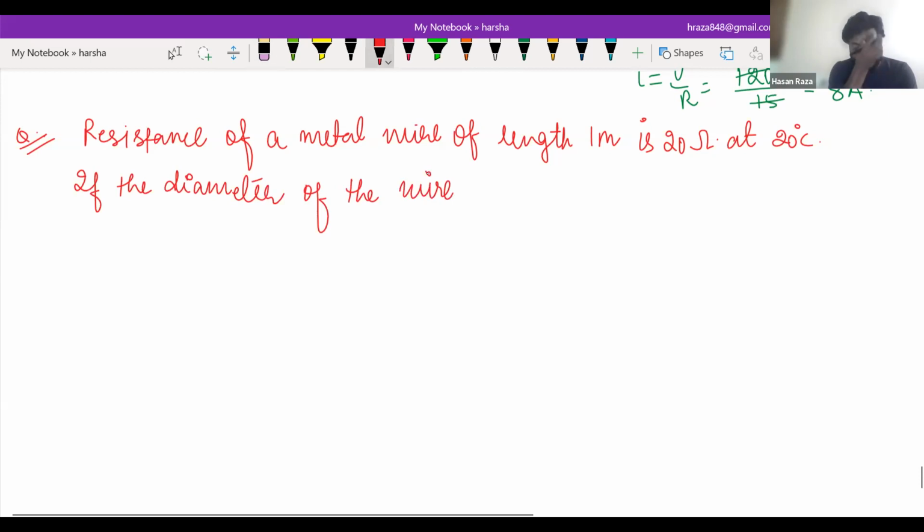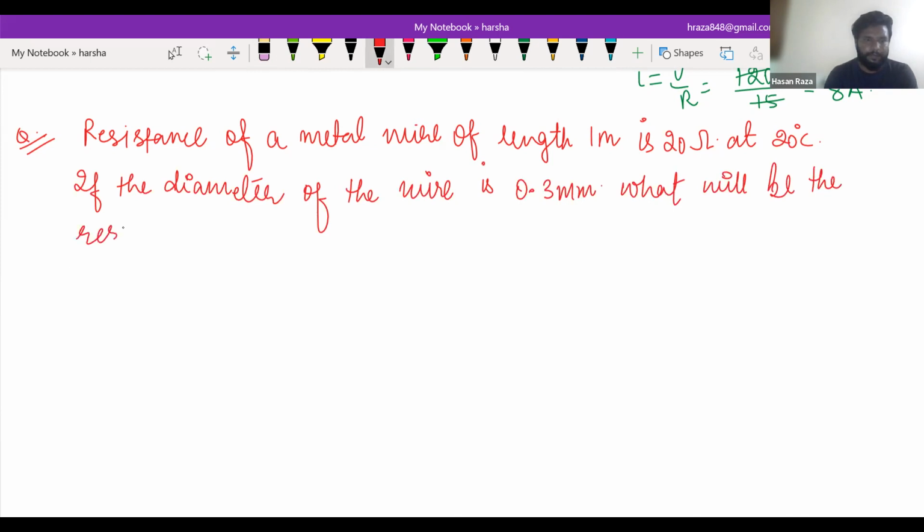if the diameter of the wire is 0.3 millimeter, what will be the resistivity of the metal at that temperature?